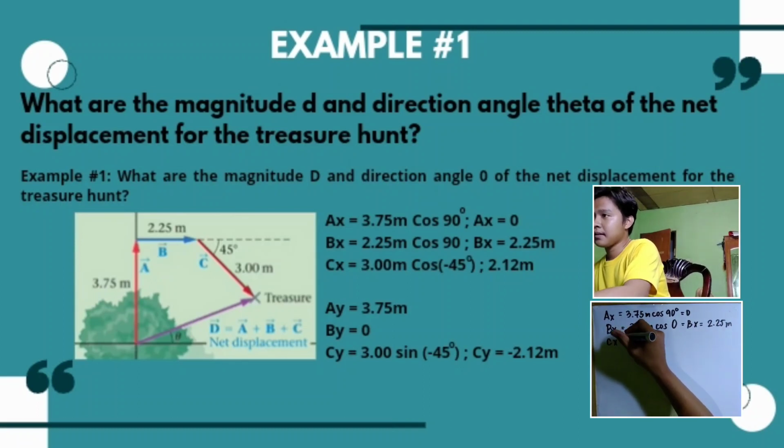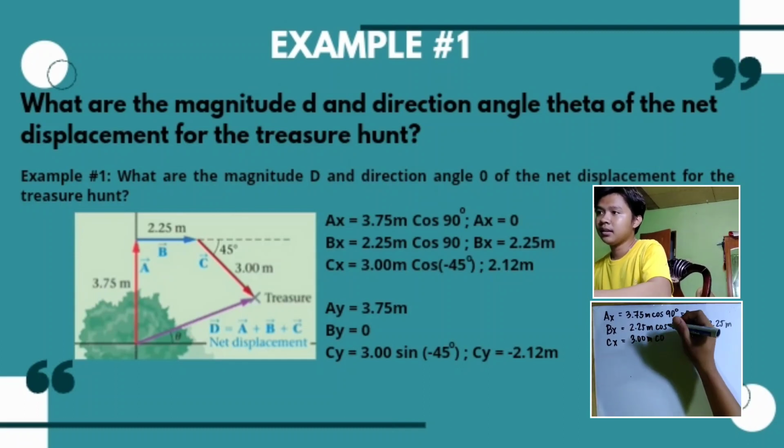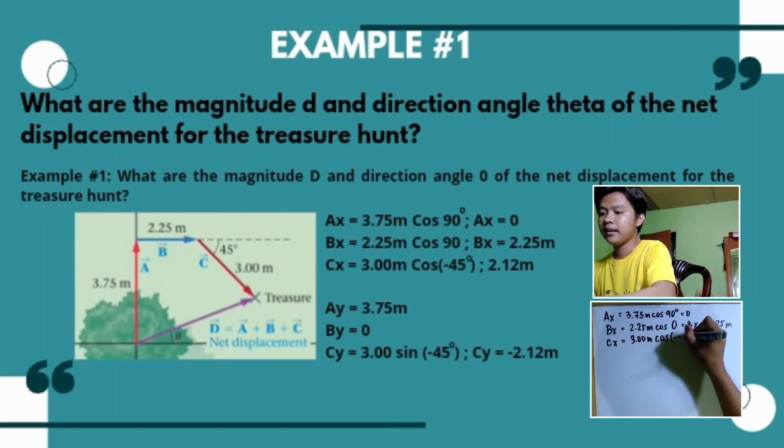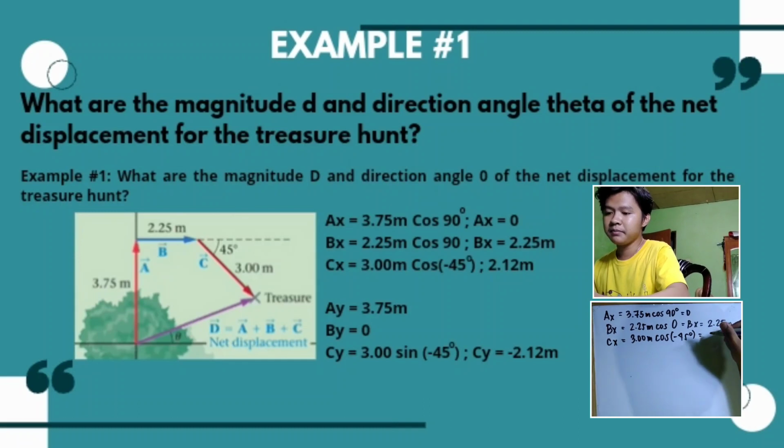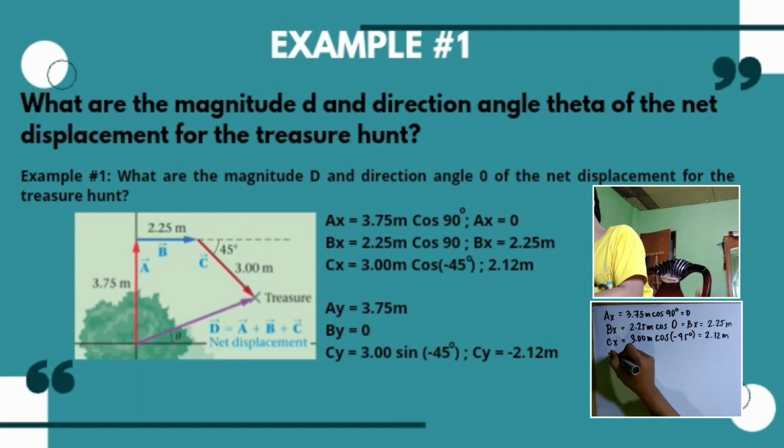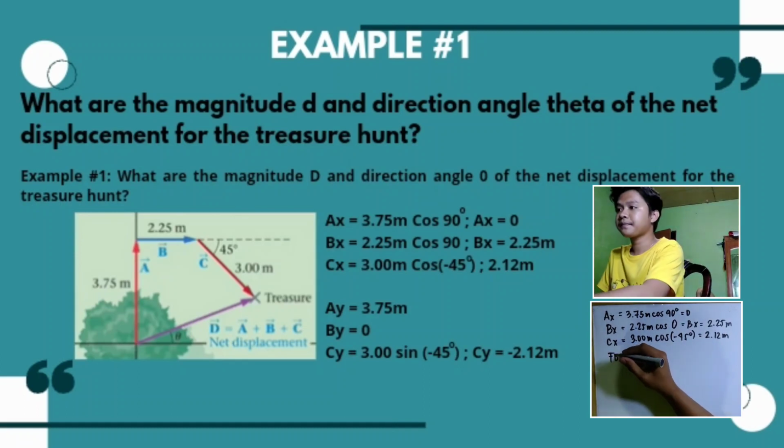For our c sub x, it equals 3 meters cosine of negative 45 degrees. So our answer will be 2.12 meters.